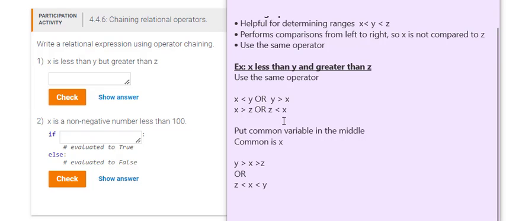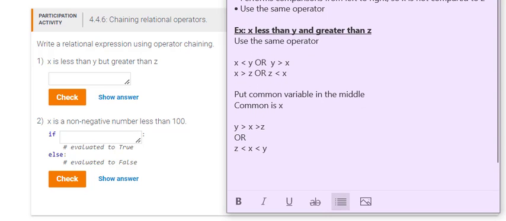So we'll put that in the middle of our comparison, and in this case you'll see that you would put x in the middle because it's the common variable, and you choose to use the same operator. So you can choose the less than here and the less than here, the greater than here and the greater than here.